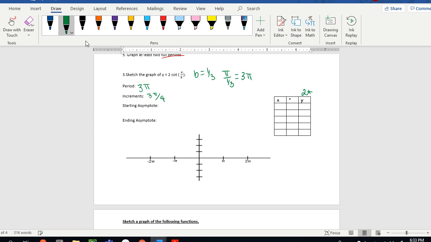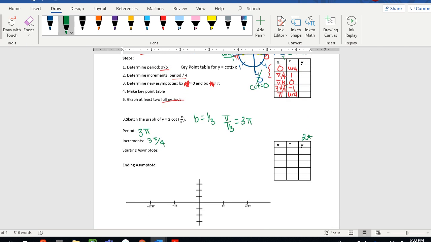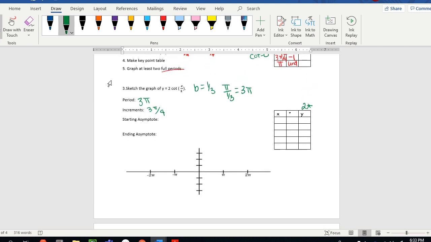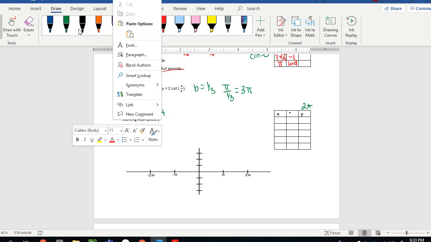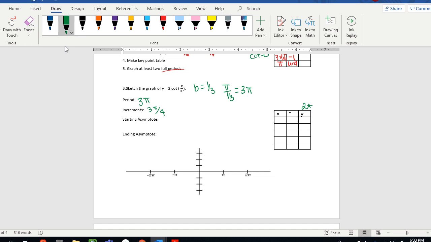Starting asymptote, I have to do, okay, hold the phone, I don't remember. Let's go back. It's bx, bx over 0. So, starting bx, keep that, bx equals 0, and ending bx equals pi.